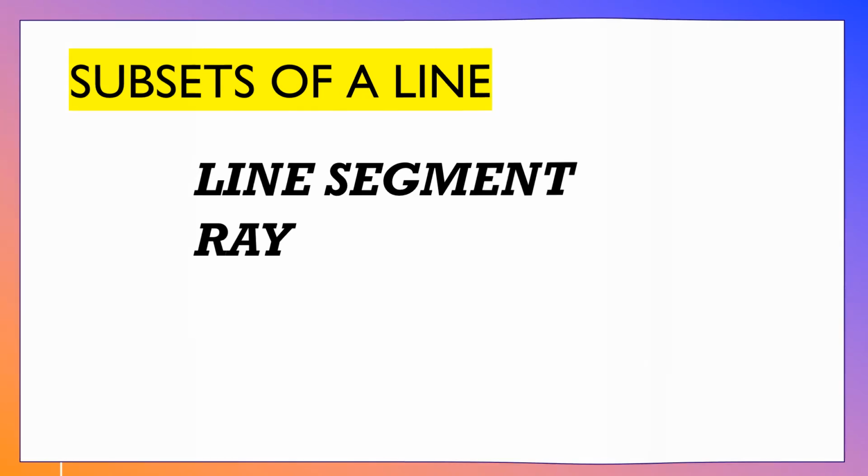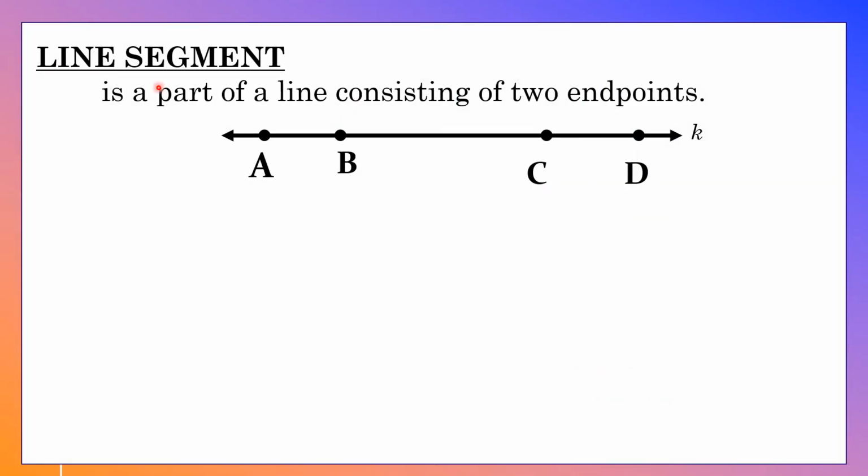Let's start with the line segment. A line segment is a part of a line consisting of two endpoints. In the figure, line K has some given points. So we have point A, point B, point C, and point D. Connecting any two of these points forms a line segment. In naming a line segment, we just place a line on top of the two points. So this will be named line segment BC or line segment CB.